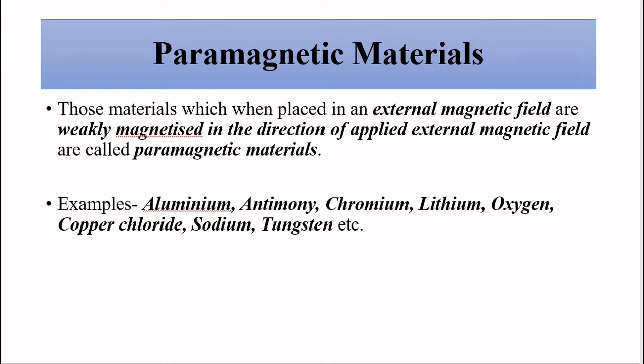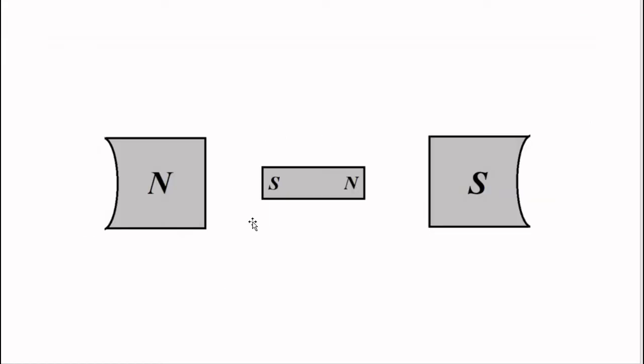So let's say we have a material, this one in the middle, placed in the magnetic field. It is magnetized in such a way that the opposite extreme ends of the material acquire opposite polarities with respect to the polarity of the magnetic field in which it is placed.